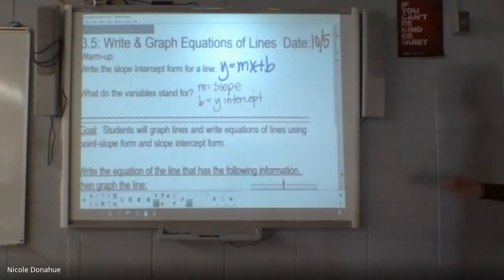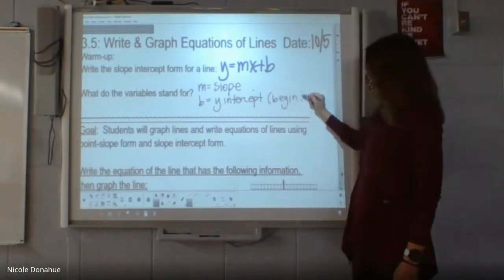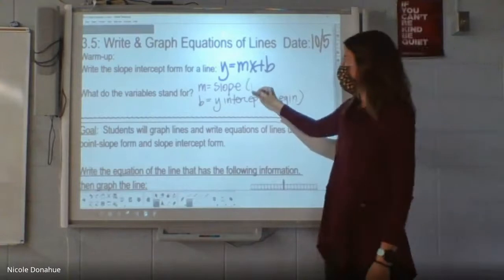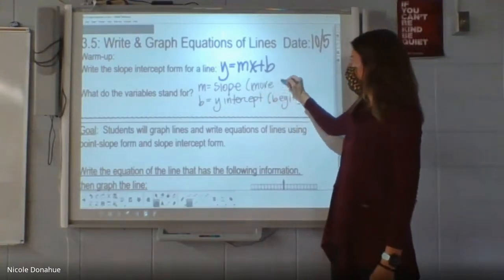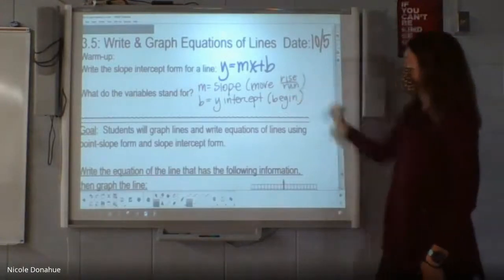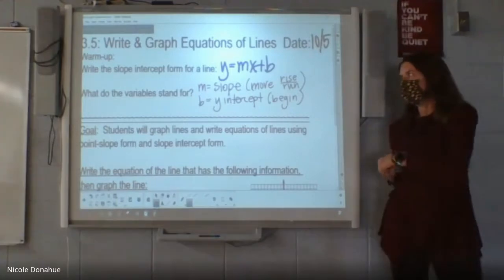I had a teacher once say that B is where we begin the graph. So B for begin. And then M is how we move using rise over run. So the slope-intercept form tells us a whole lot about a graph. The slope and the y-intercept, I can definitely graph a line if I know the slope and the y-intercept.